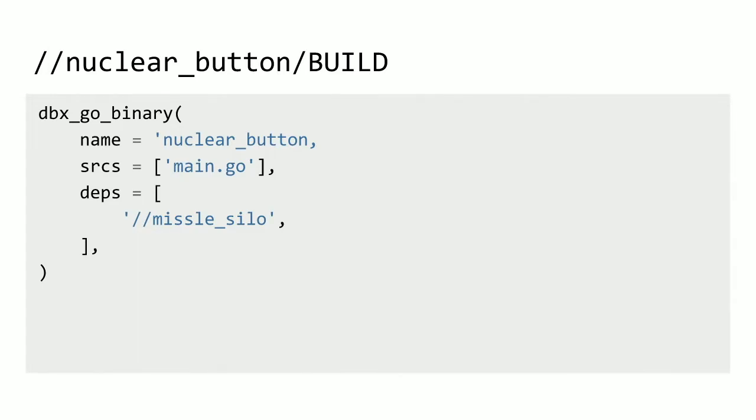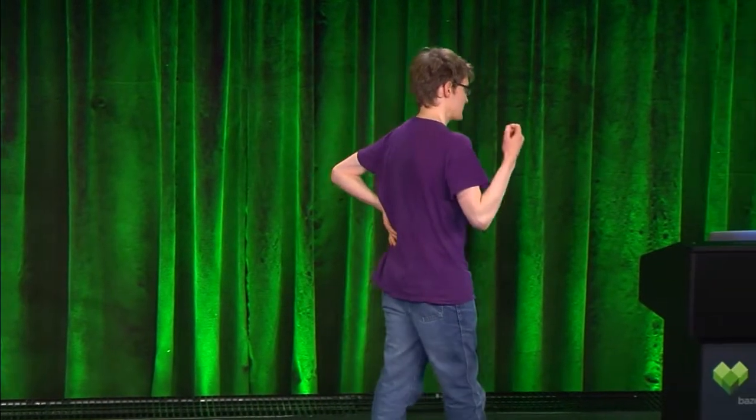It's put the sources in the right place, and it's collected the dependencies out of the import statement and turned them into Bazel dependencies. So you can see that literally everything in this build file is inferable from the source, which gives you some idea why some Go programmers are frustrated with having to write these things manually.